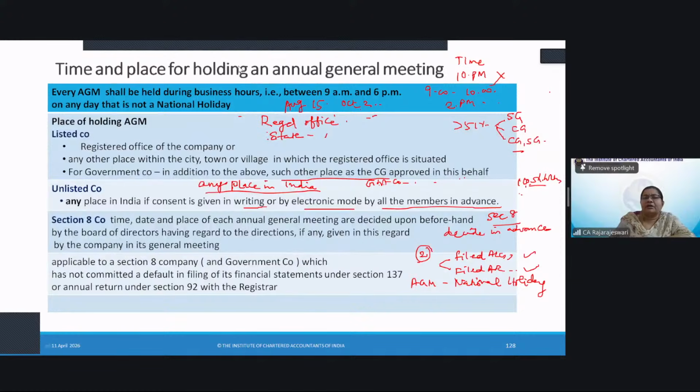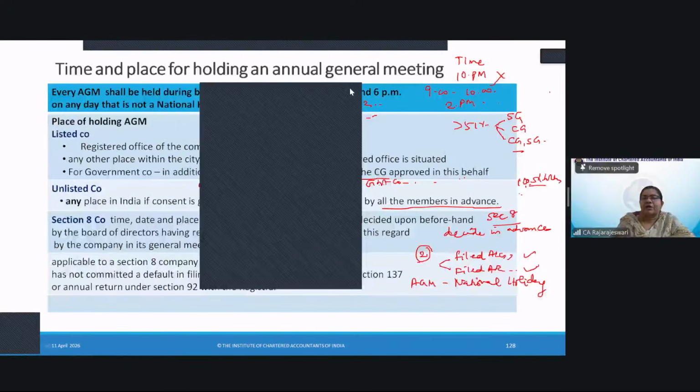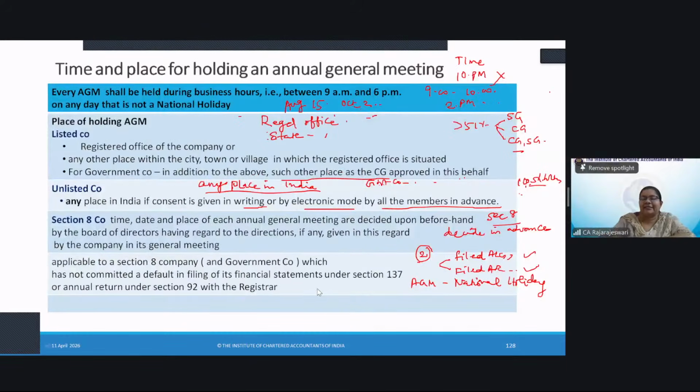Suppose you have specified August 8th as the AGM date. Now, if it could not be held on 8th August, it will automatically get postponed to the next week, same day. So it will fall on 15th August.